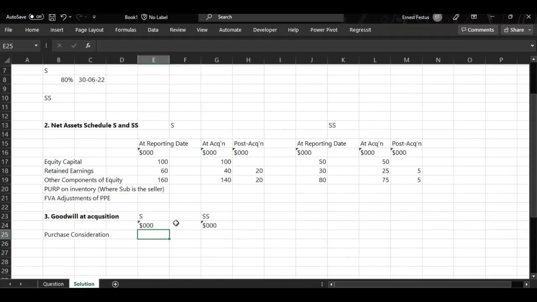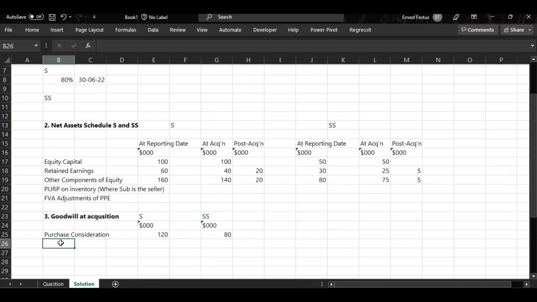So the purchase consideration paid by P is 120, and the one paid by S in SS is 80.